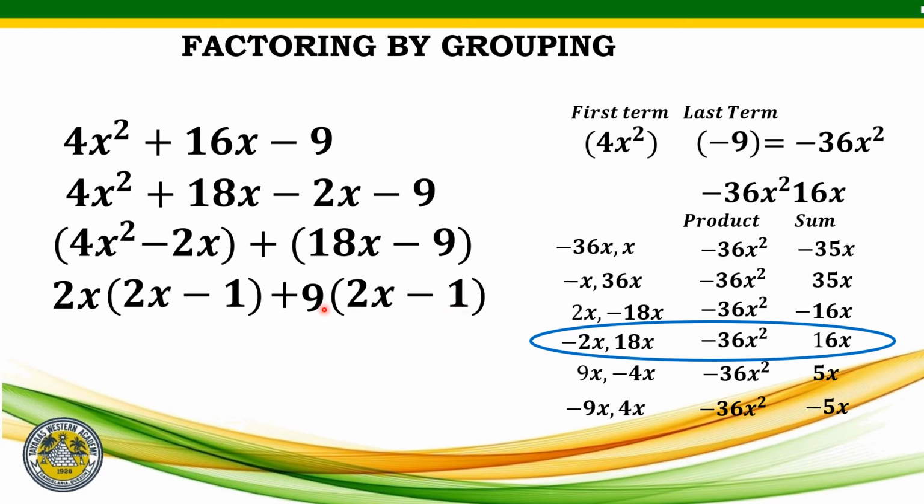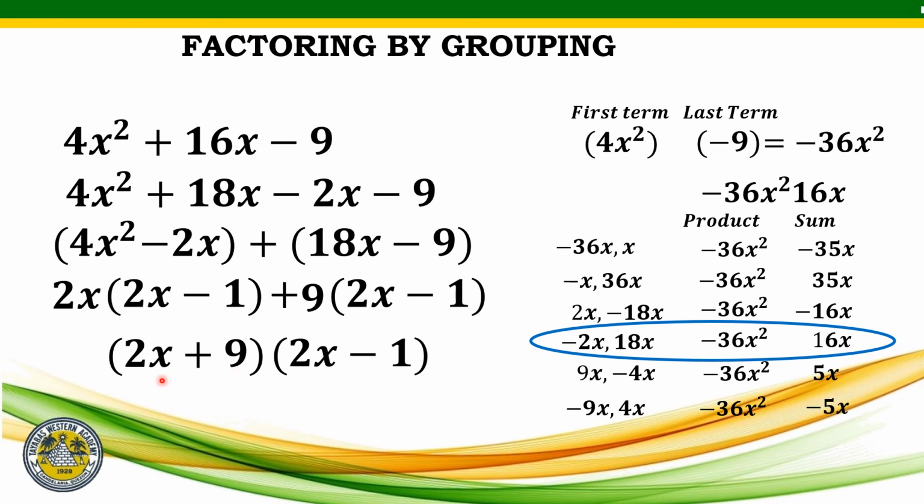So, pag minultiply natin yung 9 sa 2 is 18. Then yung x. Then yung negative, 9 times 1 is 9. So, that is the factored form of 18x minus 9 and 4x squared minus 2x. Then, pagsasamahin natin yung dalawang nasa labas ng parenthesis which are 2x and 9. Sila magkagrupo. Then, isa lang yung kukopyahin natin doon sa 2x minus 1.